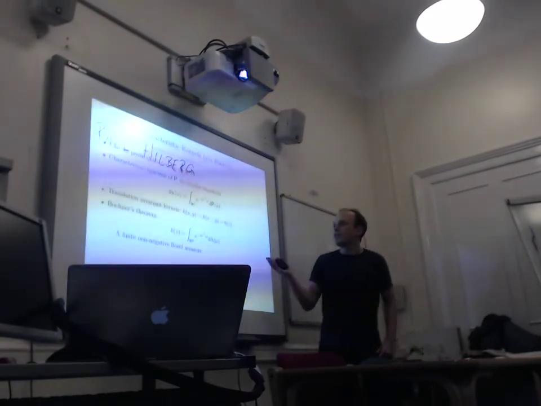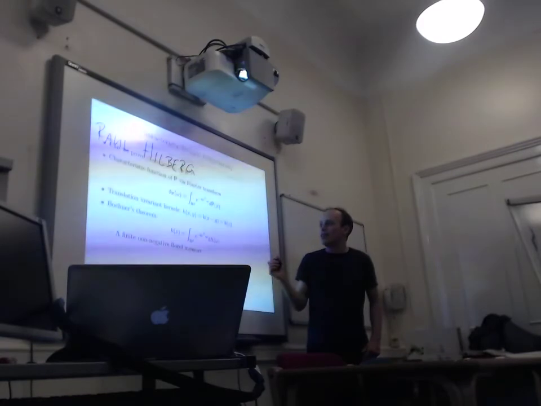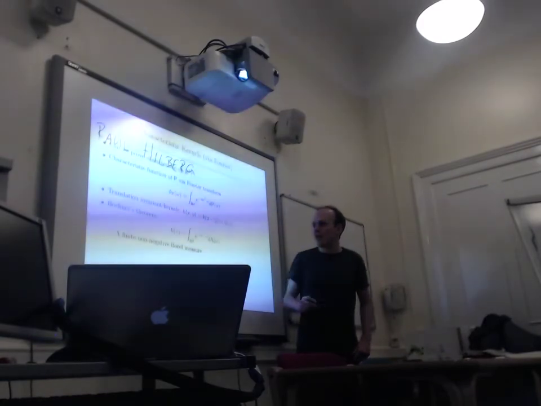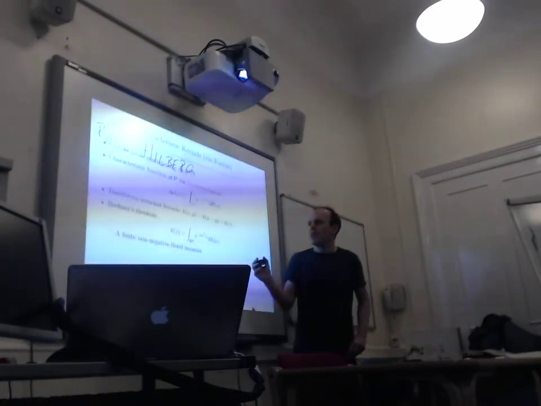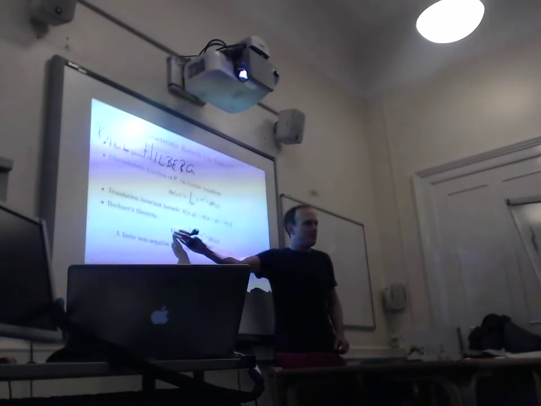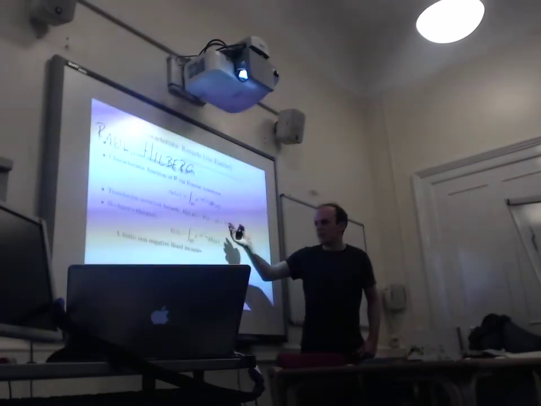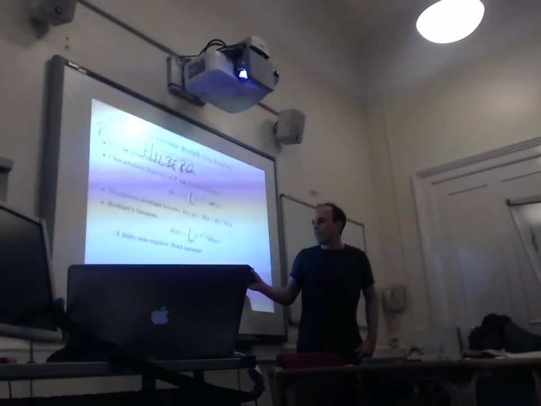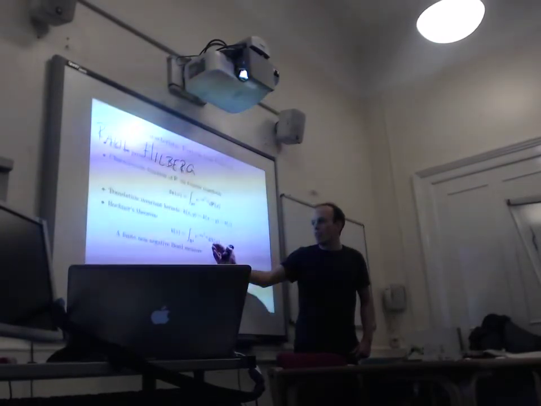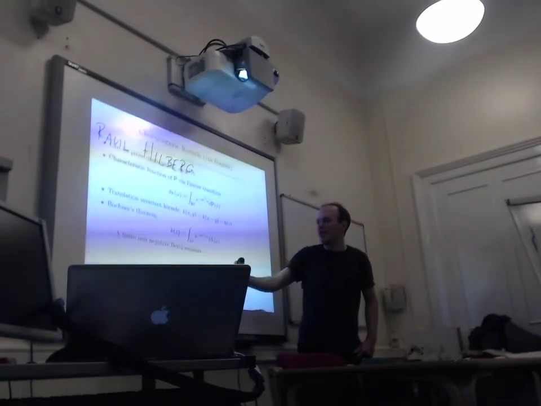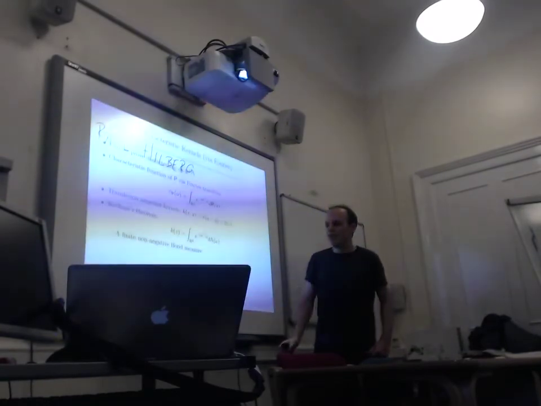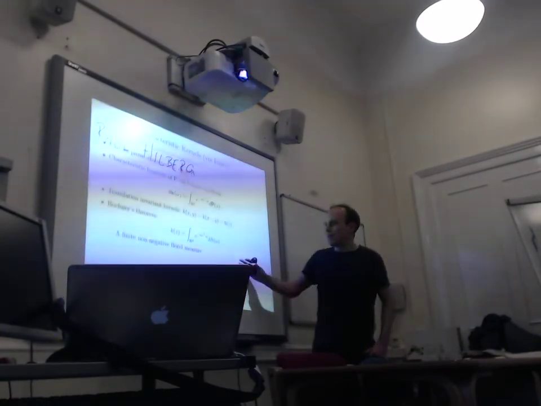Now, if your kernel is translation invariant, there's a quite interesting theorem called Bochner's theorem, which tells you that any positive definite function, which is a function only of the difference in its argument, can be written as the Fourier transform of a finite and non-negative measure. So what's the example of a finite non-negative measure?